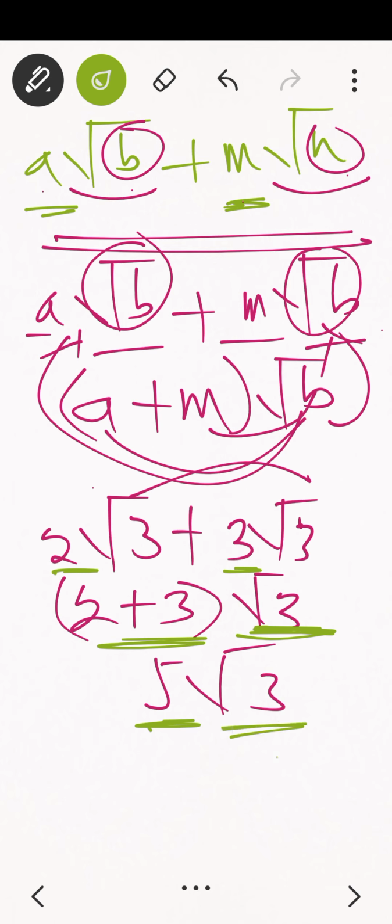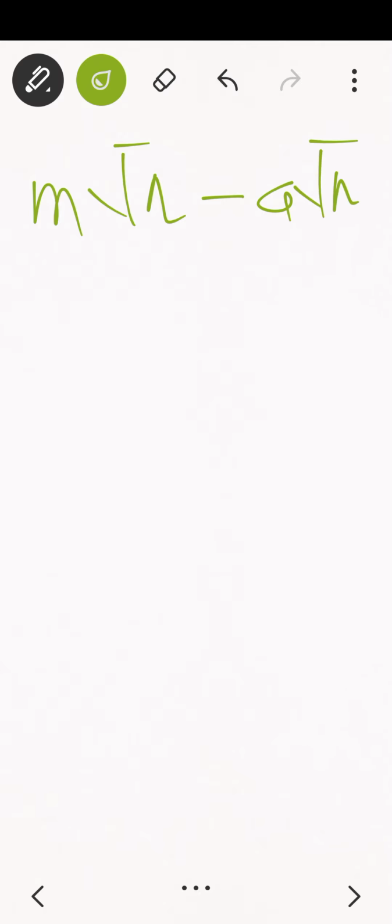The same way, if the sets are like, then we can also subtract. So in that case, if we have something like M root N minus, let's say, A root N, because we have root N, what we can do is that we can subtract the two coefficients and multiply it with one of the root N, right?